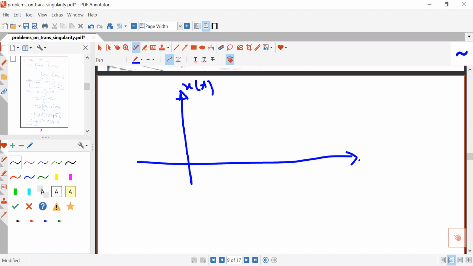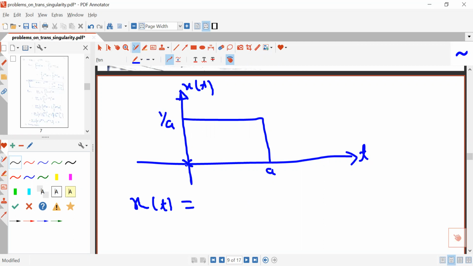Let us consider x(t) is a rectangular pulse of width a and its height is 1/a, or you can say the amplitude of this rectangular signal is 1/a. Then in the previous lecture I discussed how you can write the mathematical expression for this rectangular pulse in terms of the unit step signal.